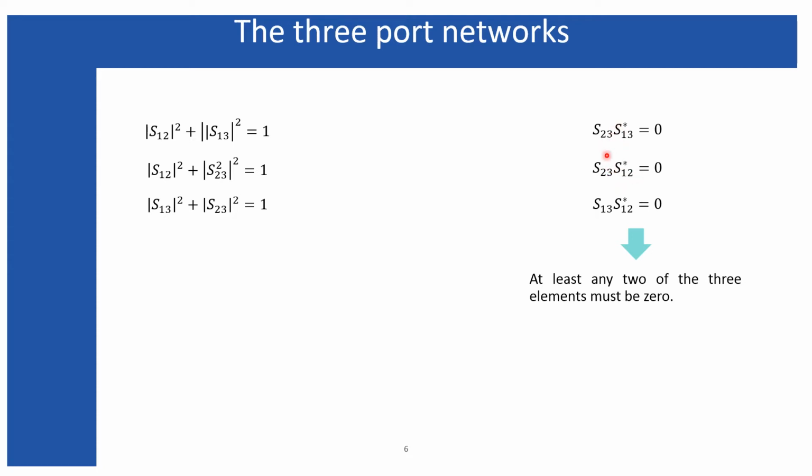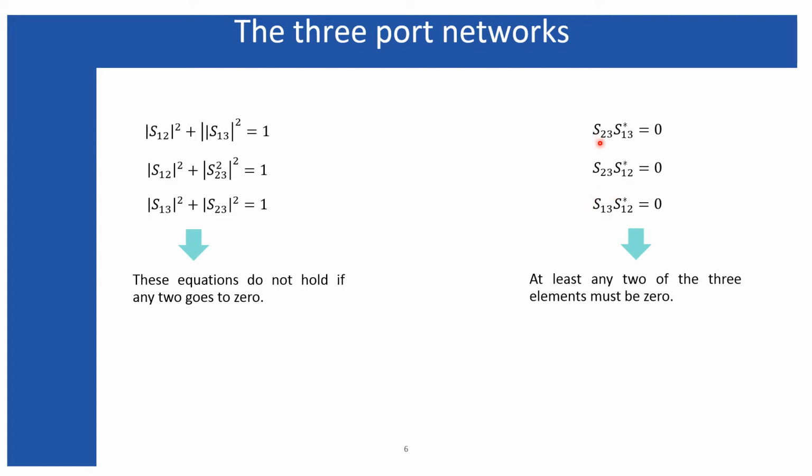But if these two components are 0, then this conclusion contradicts with this set of equations, because if S23 is 0 for S13 not equal to 0, similarly S12 will be 0 for S13 not equal to 0. So if S13 is not equal to 0, then S23 and S12 both will be equal to 0. Similarly, for each element considered not equal to 0, two elements must be 0.